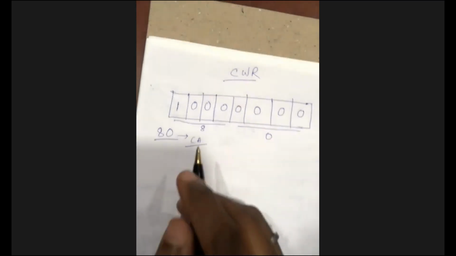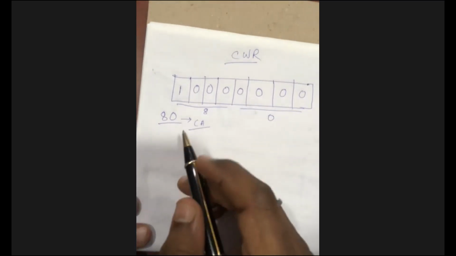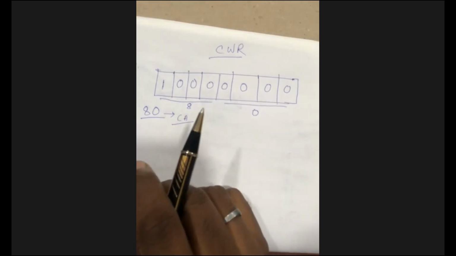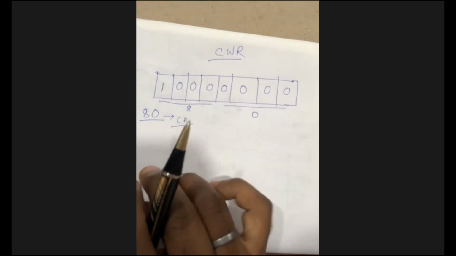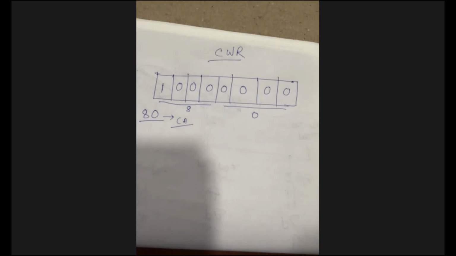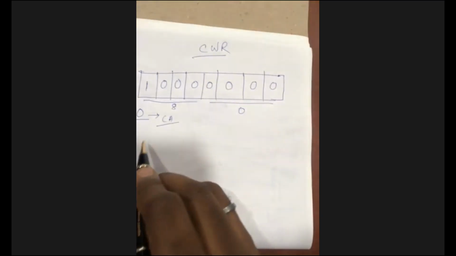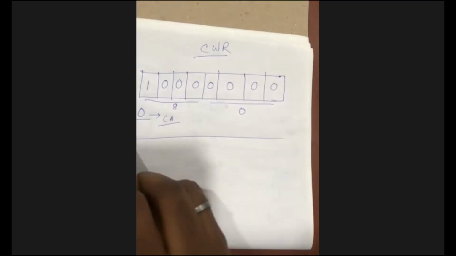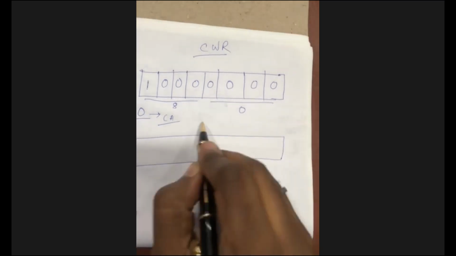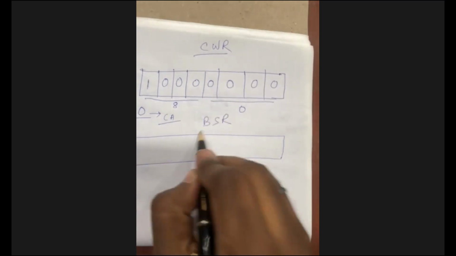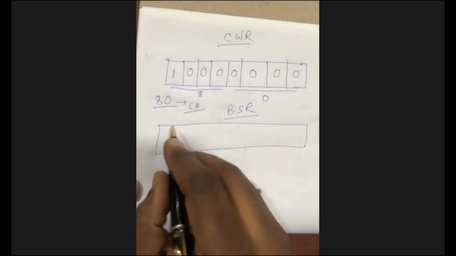Now I am talking about the BSR mode. Some ports may be input, some ports may be output, then calculate the CWR. These kinds of questions may occur. Next, the BSR mode. Full form: bit set reset mode.